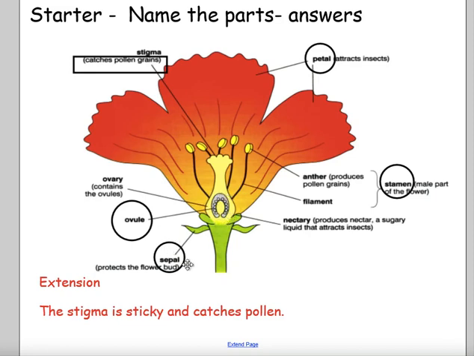And the sepal is the bit that protects the flower bud as it's opening. The extension then is that the stigma is sticky so that it catches pollen grains, and those pollen grains need to land on that stigma if we're going to get the reproduction to occur.